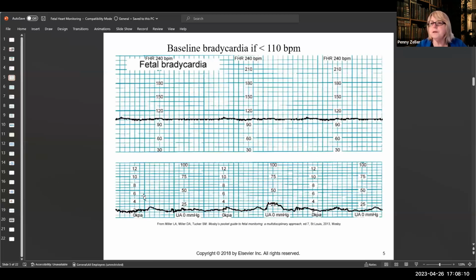So in this strip, mom's having very small contractions, and they don't even look like they're regular. But the fetus is ticking at about 100 beats a minute. And we call this fetal bradycardia because it's below 110, right?